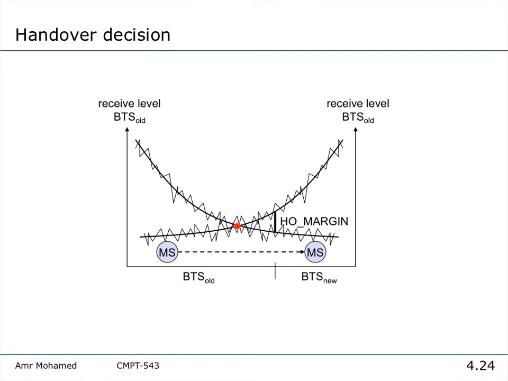So maybe the channel at this point will go up and down due to fading, right? If at this point I decide to perform the handover, the channel will go back up again, in which case you perform handover, and then it will go down again because of fading. And we call this a ping pong effect. So you will keep handing over from one BTS to another repeatedly, and that's not good.